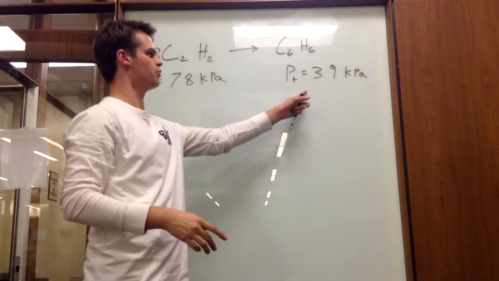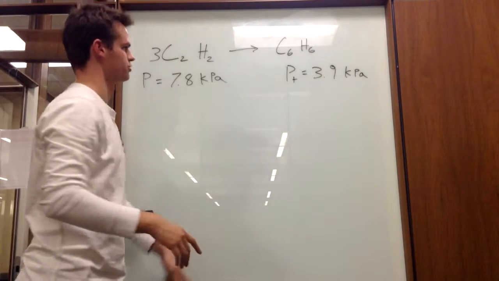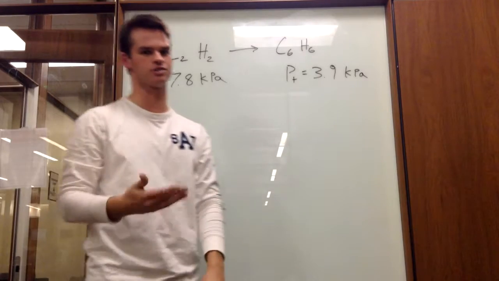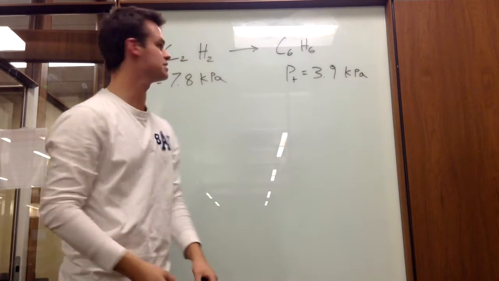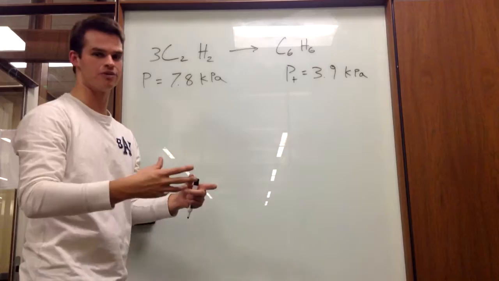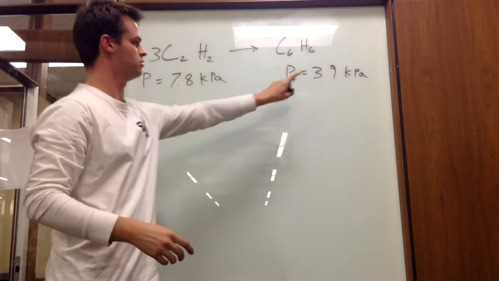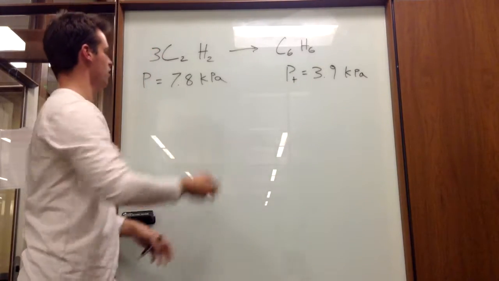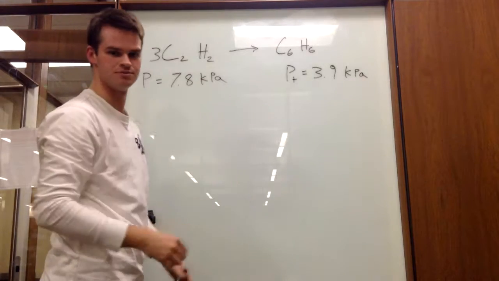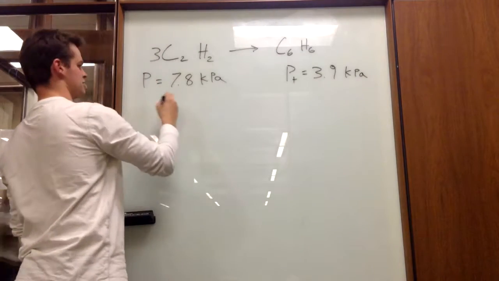Well, we have a total pressure and we have a partial pressure, which brings to mind what is called Dalton's law. Dalton's law basically says when you mix two gases together, the total pressure will be the sum of the other pressures together. So, it would look something like this.